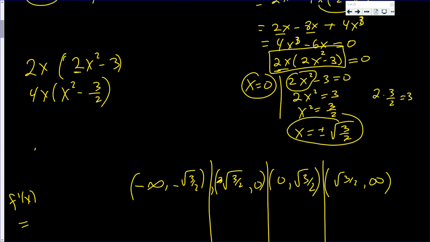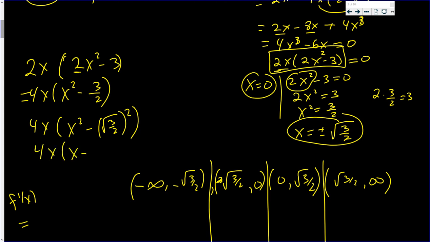Now, this here is the difference of squares. This is x squared minus the square root of 3 halves squared. So I can factor that. It's going to be x minus the square root of 3 halves times x plus the square root of 3 halves. And, well, I guess we have the derivative right there.